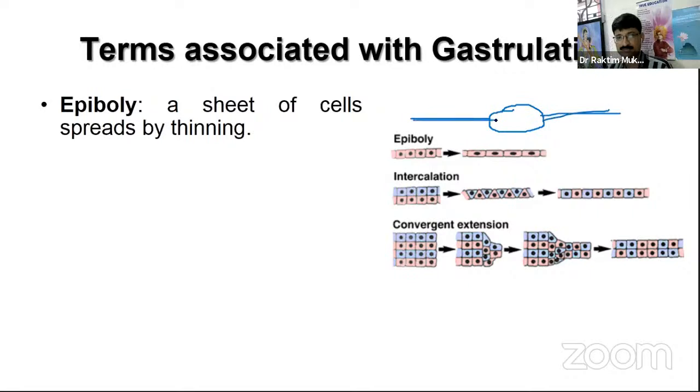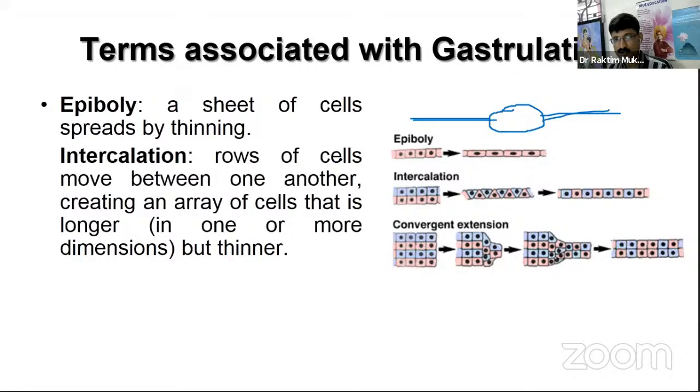That is thinning of the sheet, that is epiboly. Intercalation, where the rows of cells move between one another, creating an array of cells that is longer in one or more dimensions, but thinner, that is intercalation.